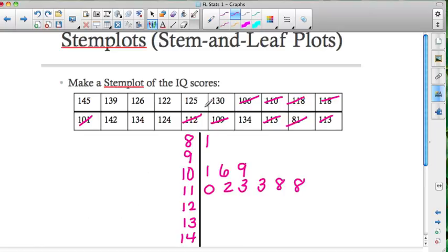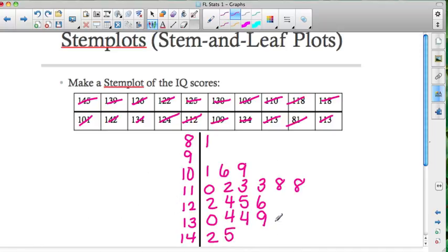In the 120s, I have a 122, 124, 125, and 126. In the 130s, I have 130, 134, 134, and 139. And for the 140s, I have a 142 and a 145.